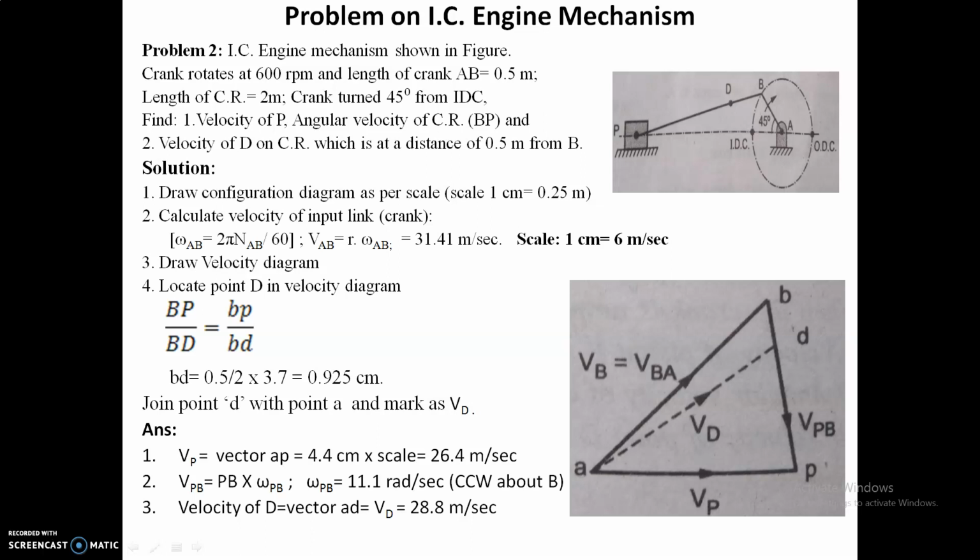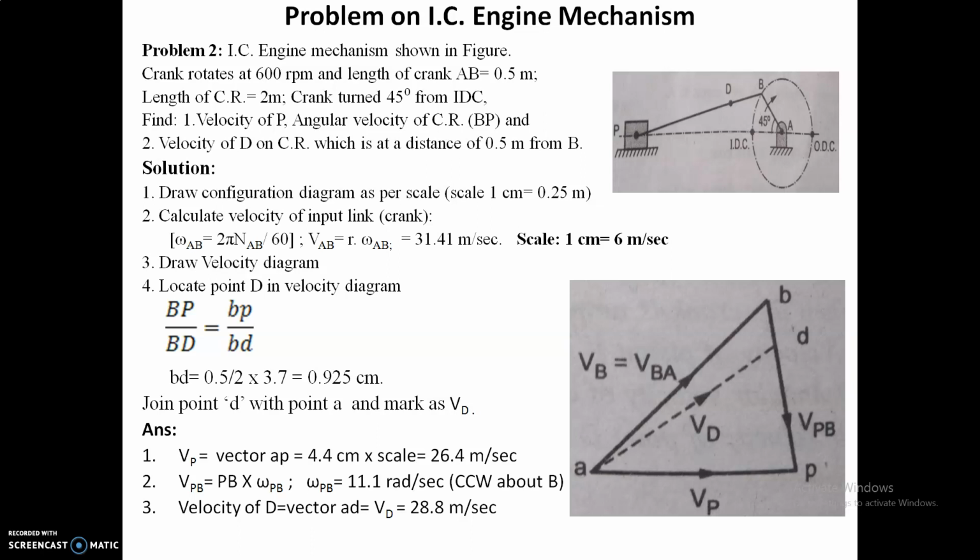Out of these four parameters, capital BP and capital BD are given in the problem. Then small bp you can easily determine from the velocity polygon, because you know the vector small bp into scale, that is nothing but the magnitude for BP divided by BD. So from all these four parameters, three are known and one is unknown, that is small bd.